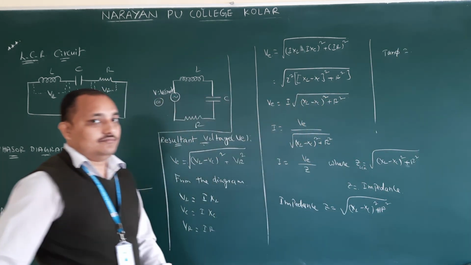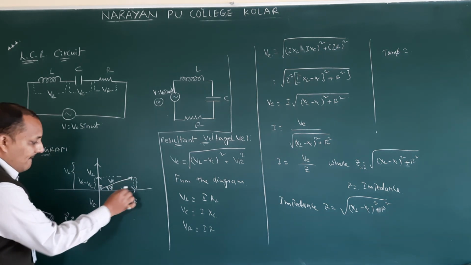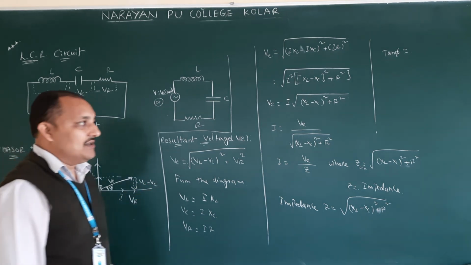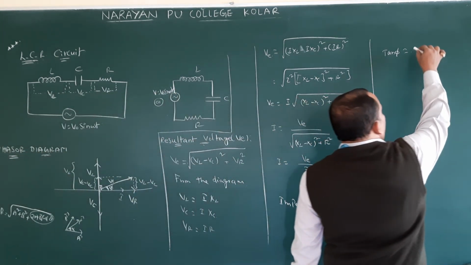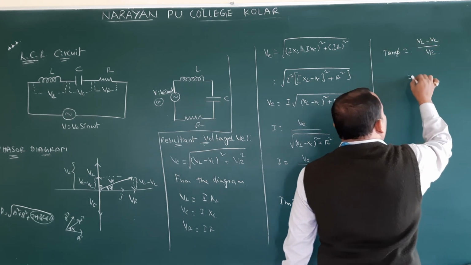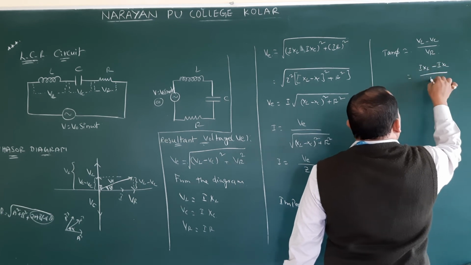So tan phi is equal to opposite side by adjacent side. Opposite side means VL minus VC, by adjacent side means VR. VL minus VC means IXL minus IXC, by IR.